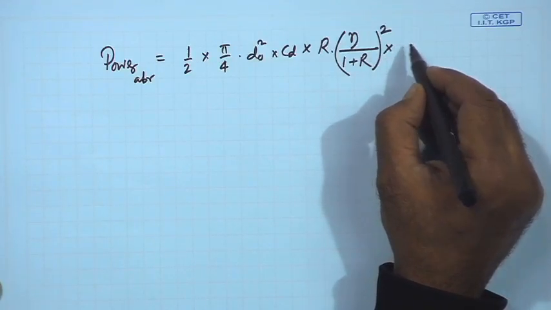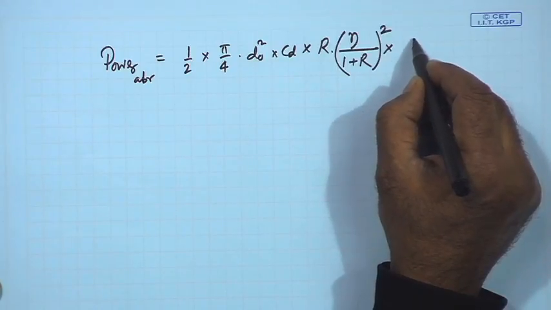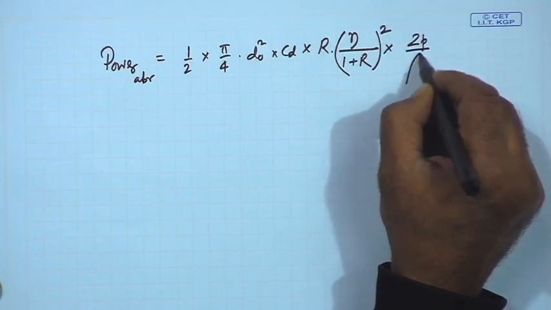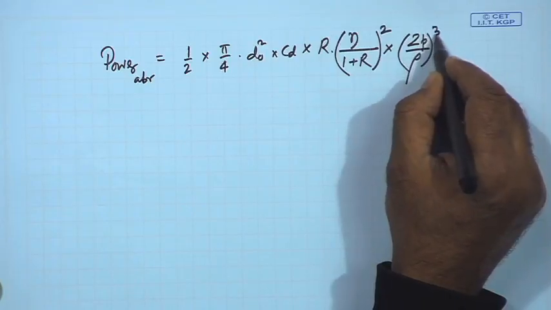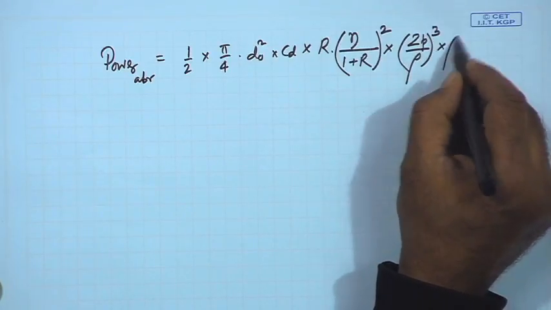So, velocity cube is essentially going to give us 2p by rho to the power 3 multiplied by rho w.